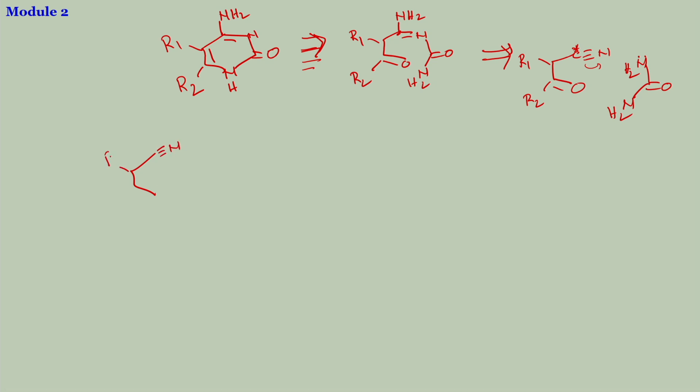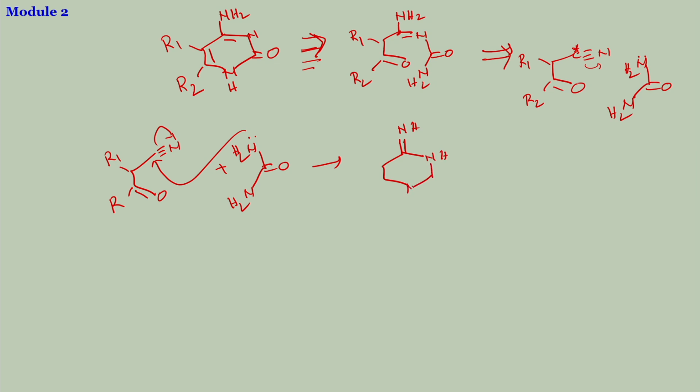CN, R1, R2 and a double bond. Urea, if this attacks here, this opens up. So what you get is a double bond N and H, and I will fuse it straight because you already know this, and there will be a double bond here. This is R2, R1.